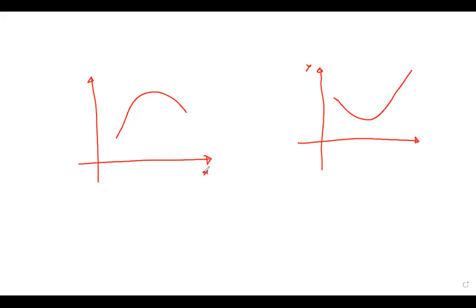This is x, y, x. This is curve 1 and this is curve 2. So let us first understand about slope. Understanding slope. Okay. So let us take few points.